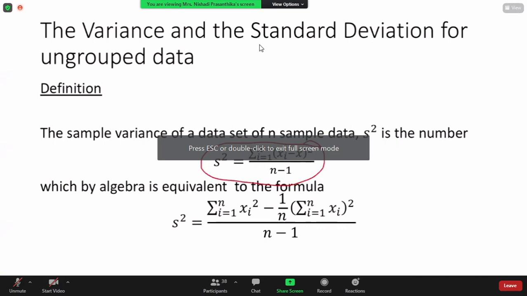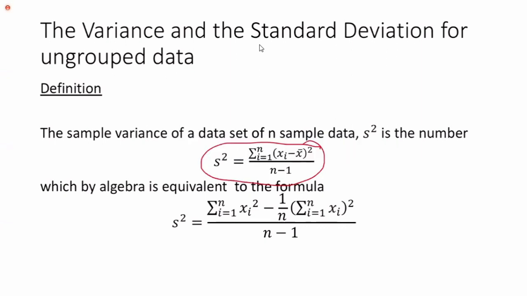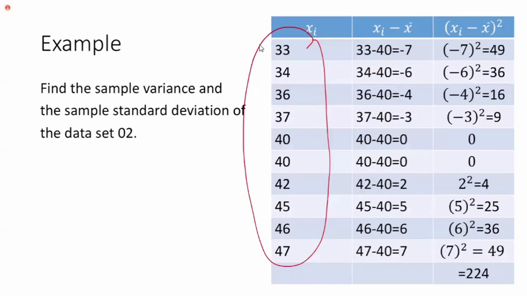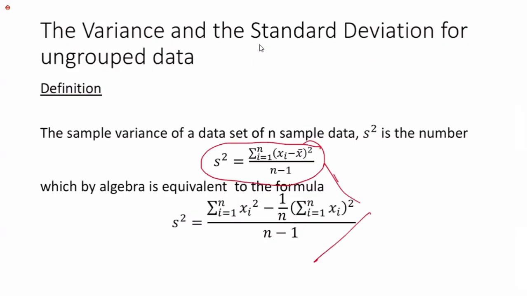Right. So we were discussing these two formulae. We can use these two formulae to find the variance or standard deviation, right? If we want to find the variance first, we can use these two formulae. But if we have a data list like this, we would use the first formula.